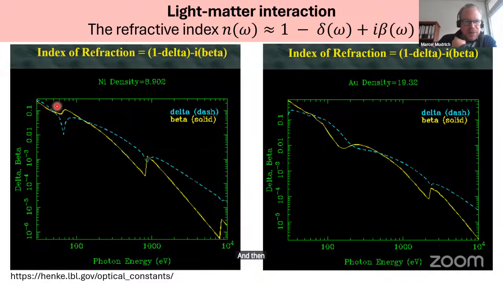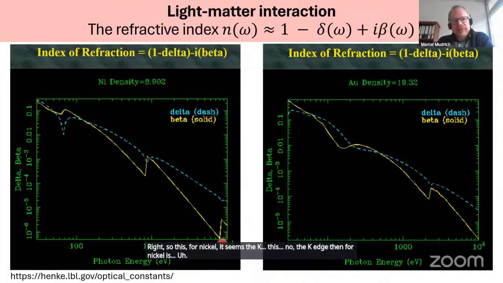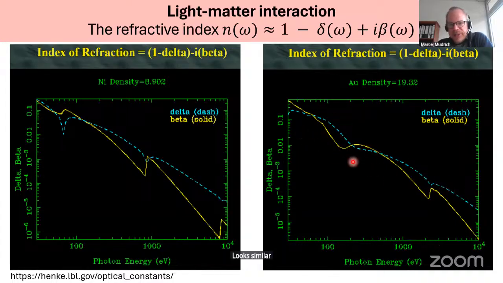And then we see these characteristic kinks and dips. That's whenever we hit an inner shell ionization edge, right? For nickel, the K edge is almost at 10,000 electron volts. In gold, it looks similar. Of course, the edges are at slightly different values.